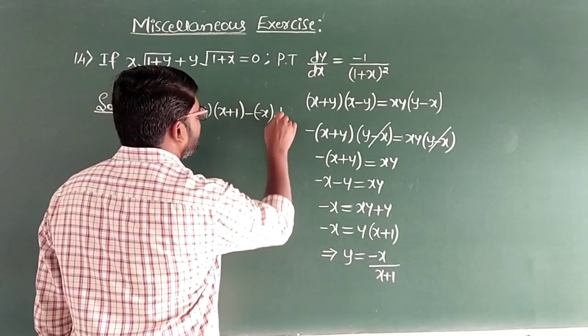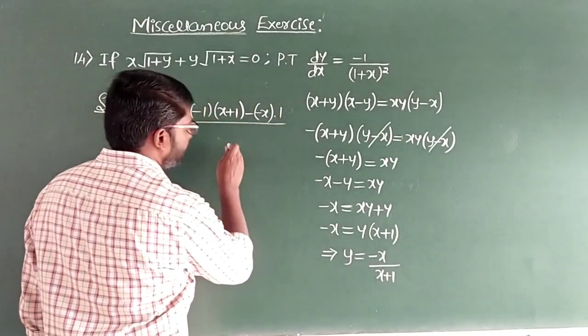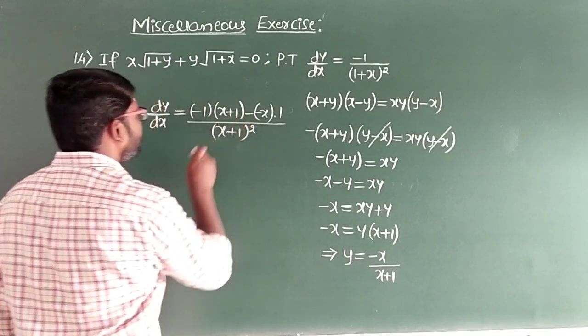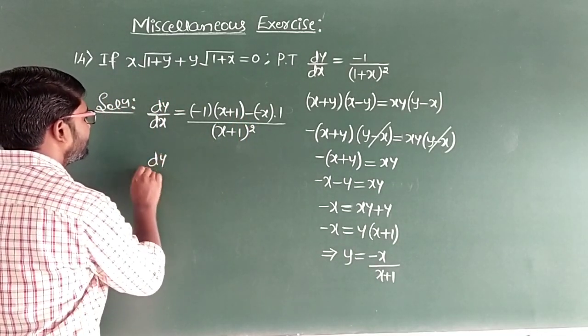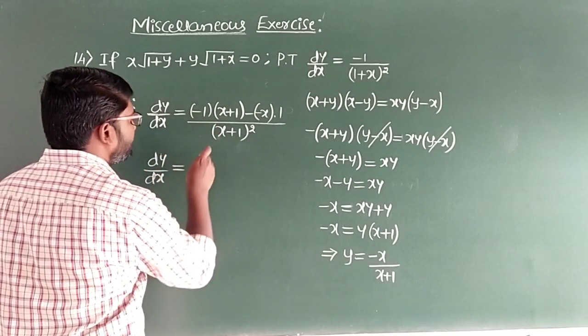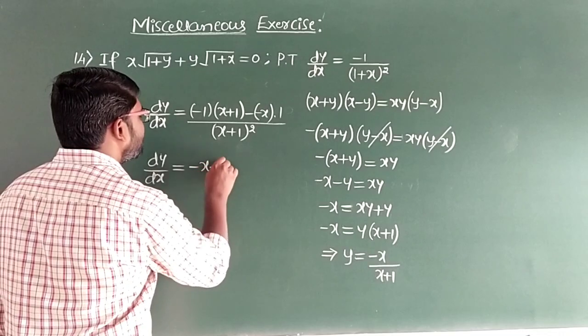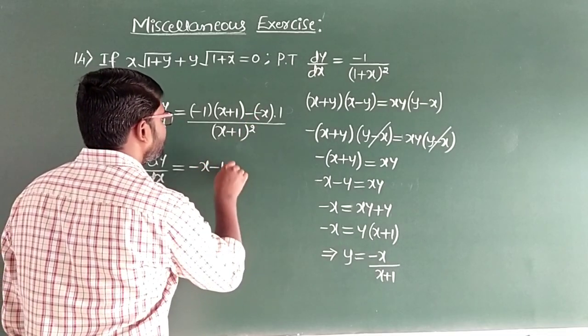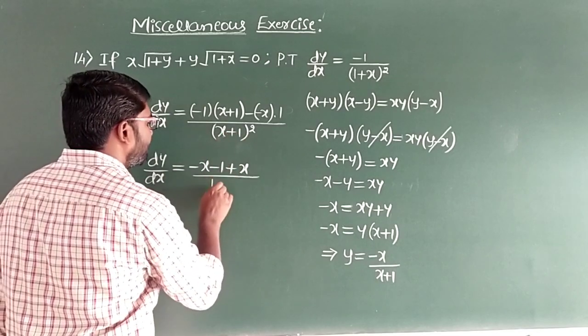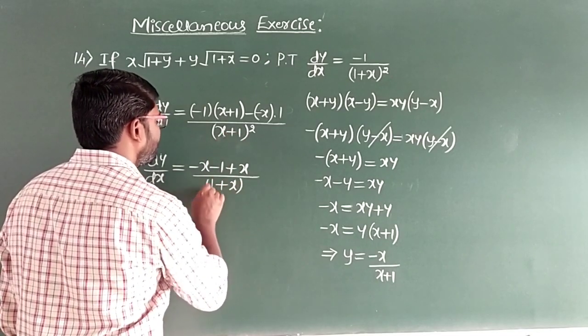So I write 1 here, then divided by v square, that is (x plus 1) the whole square. So simplify the numerator now: dy by dx equals, multiply minus with these two terms, we get minus x minus 1, minus into minus is plus x, divided by (x plus 1) or (1 plus x), both are the same, the whole square.